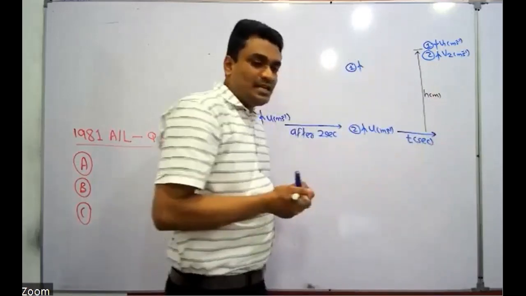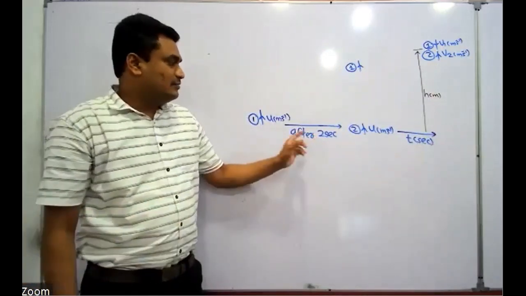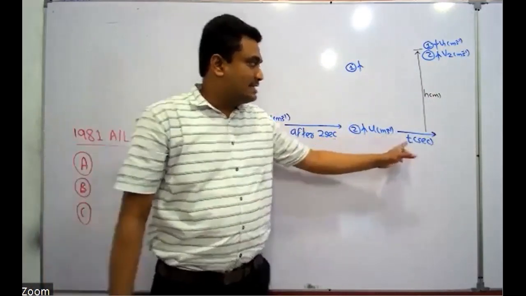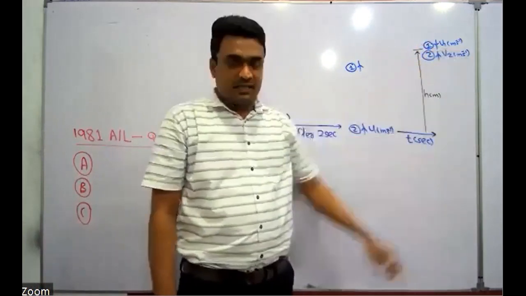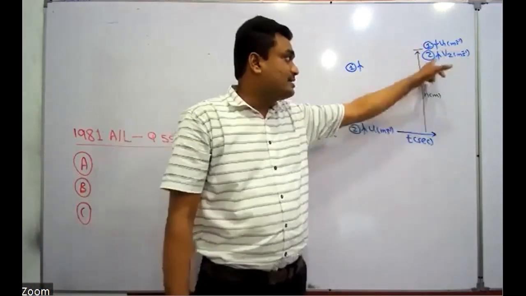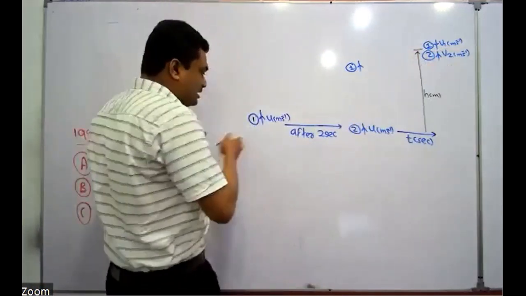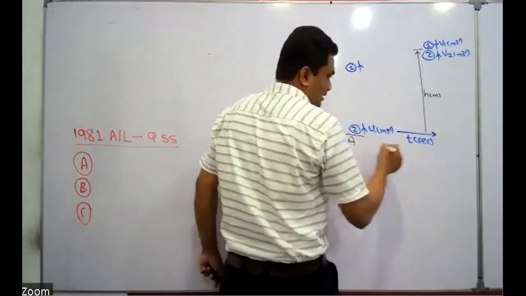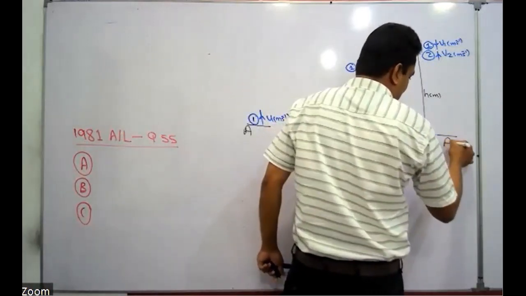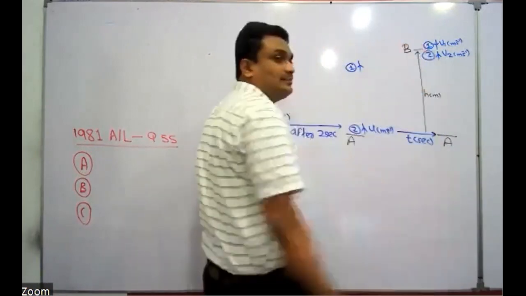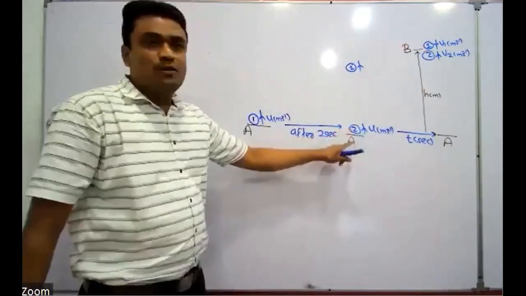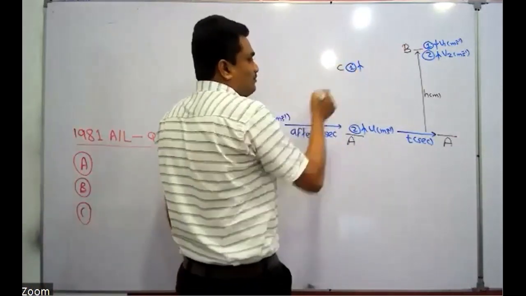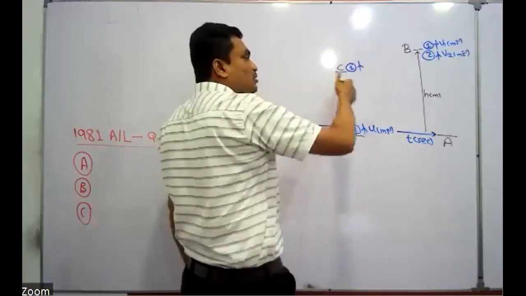Okay, so they meet after the first object travels 2 seconds plus t seconds, and reaches there. The second object has traveled only t seconds and it is at this position. Clear? So if the projected point is capital A, the two objects meet at B. When the second object is projected at A, the first object may be at a place, say C, and we don't care about this.